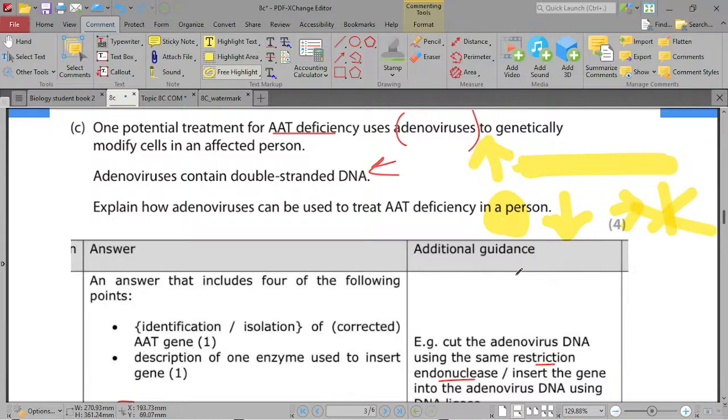Then the last one was horizontal gene transfer to the environment or ecosystem, such as antibiotic resistance and pesticide or herbicide resistance.